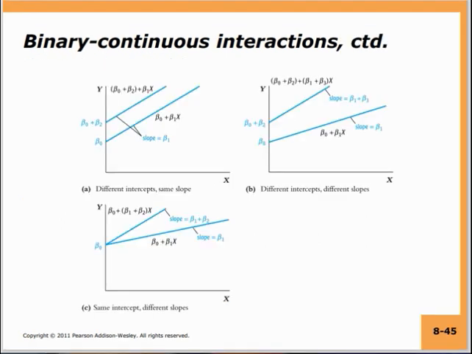So let us look at graphically what it looks like. If you were to just include the dummy variable by itself and not include an interaction term, then you would just allow your intercept to change for the two groups, but you are not allowing your slopes to change.